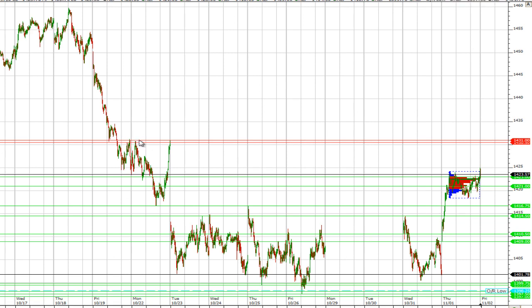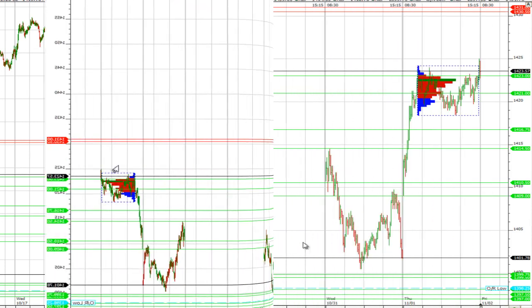And it was also a confluence area, so we said this was a very important resistance zone. And now in terms of support, we have some new ones based on the latest day, the breakout day. Let's go a little closer and examine those.